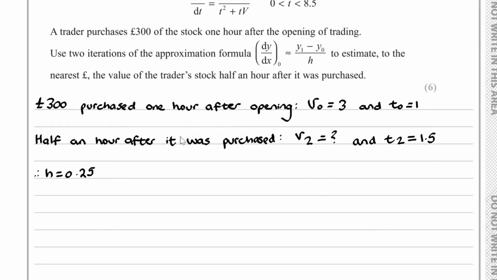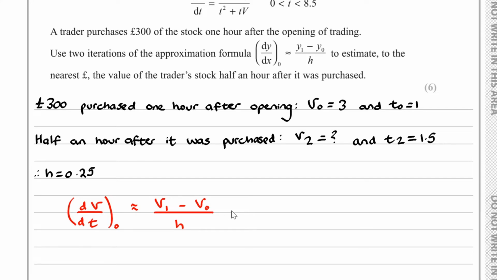And we can rearrange the approximation formula as an iterative formula. So far, if we write this down in a different color, we have dv over dt naught is approximately v1 minus v naught over h. All I've done here, because in the question we have v's and t's, is replace the y and x with v and t.